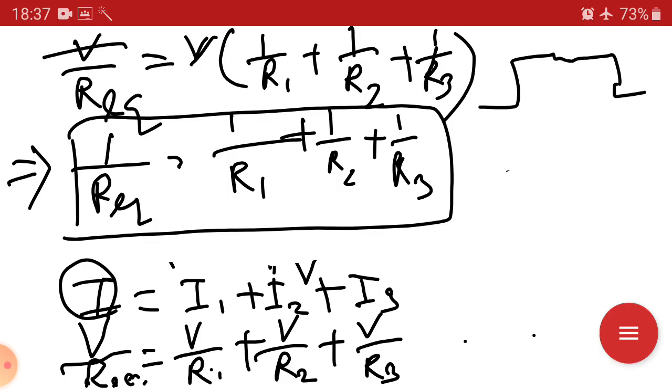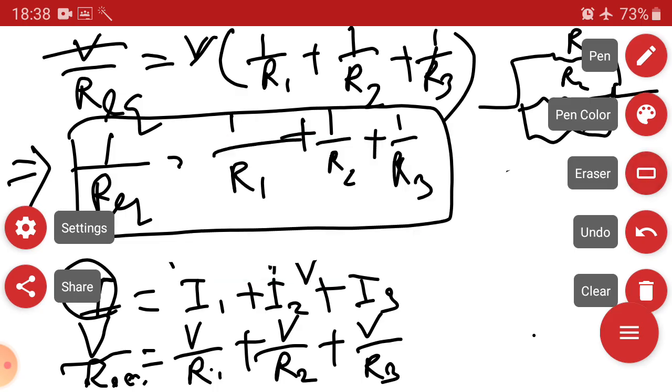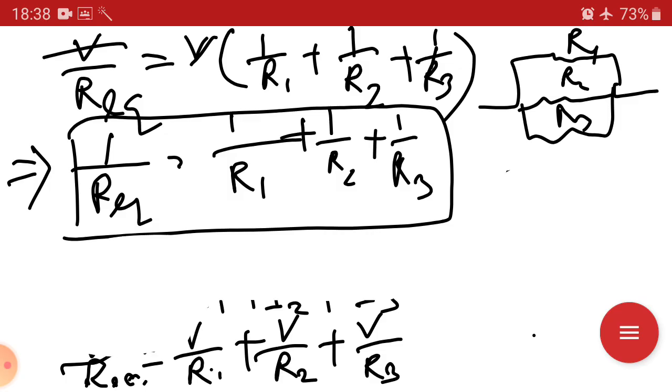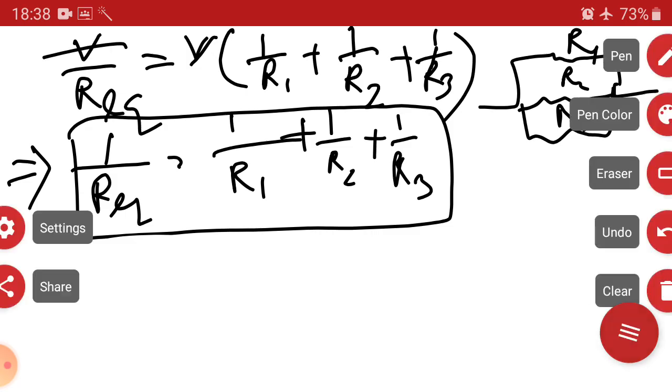This is the diagram that we have erased. Three resistors are connected in parallel, and the result is 1 by R1 plus 1 by R2 plus 1 by R3. If instead of these three resistors there are n number of resistors, like R4, R5 and so on, connected in parallel, then what will be the result? We will generalize this equation, which means we extend it up to n resistors.